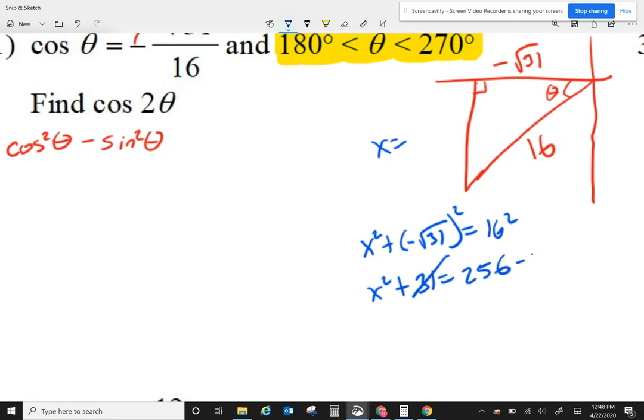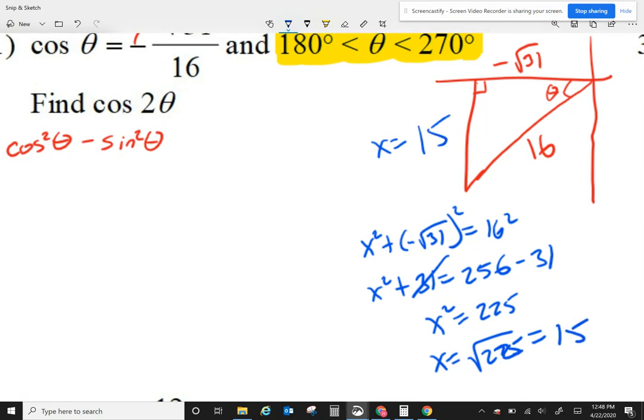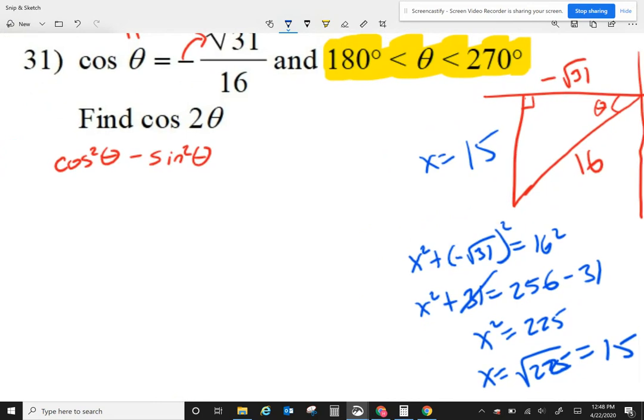Let me take away 31. So I have that x squared is equal to 225. So that means that x is the square root of 225, which is better known as 15. I needed to find this side because I'm dealing with sine.